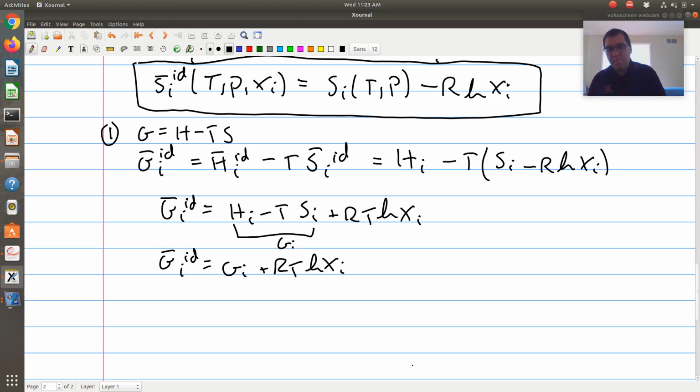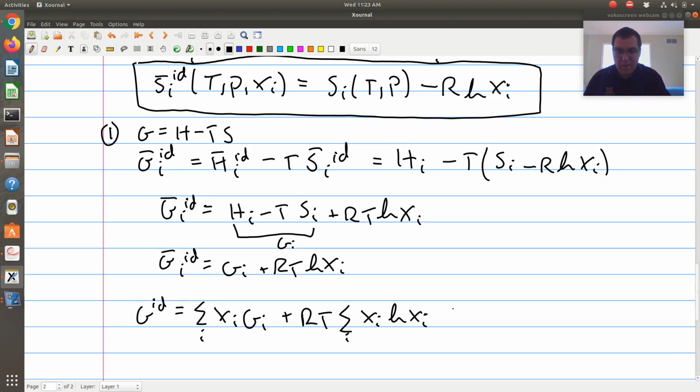Cool. The other way I could get it is doing a similar matching exercise. G ideal is equal to the sum over i of xi Gi plus RT times the sum over i of xi log xi, and it has to be equal to the sum over i of xi G bar i ideal.